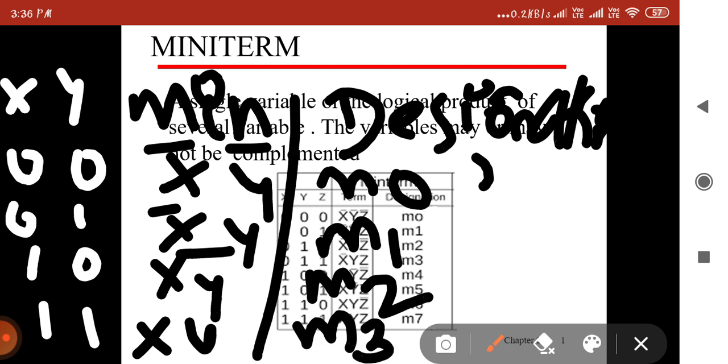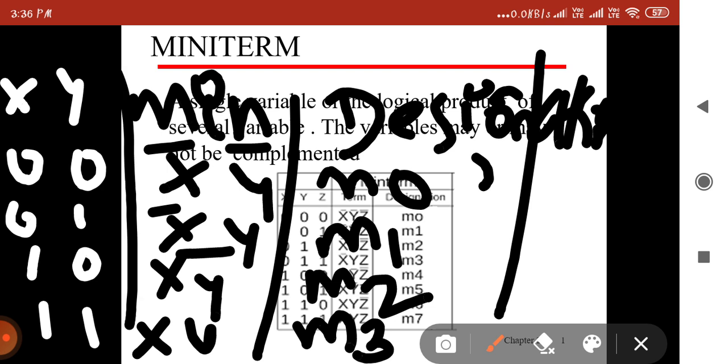These are the designations for the truth table of the two input variables. If you have two variables x and y, there are four possible combinations, which can be formed with the AND operation.